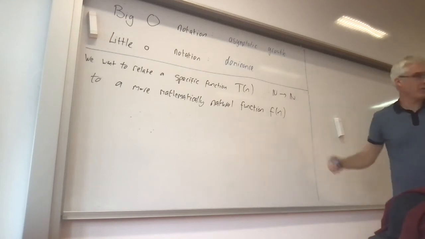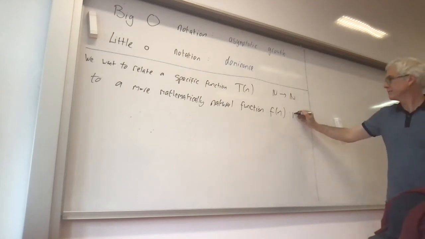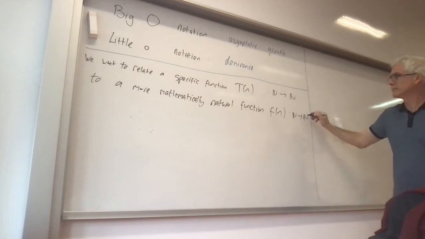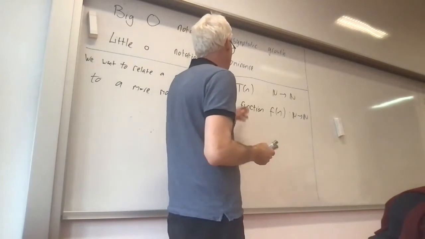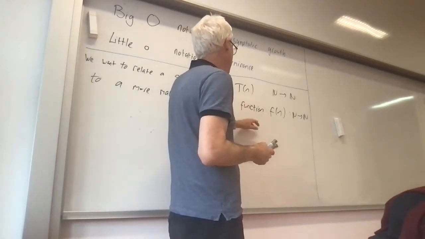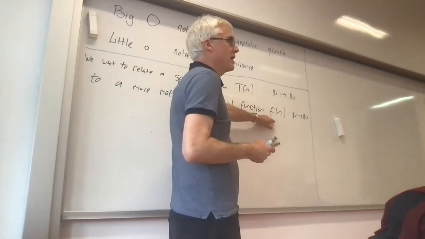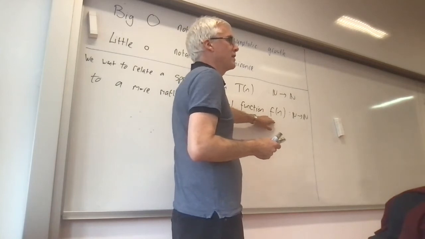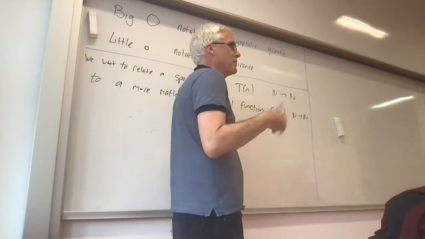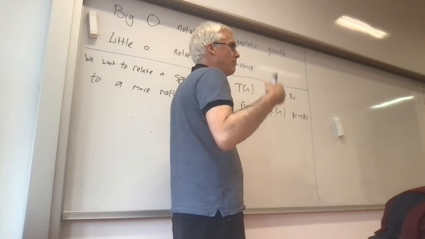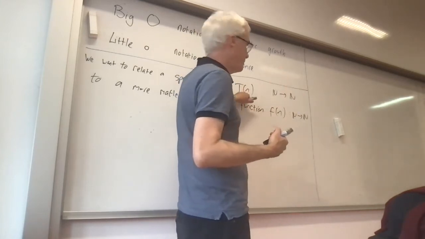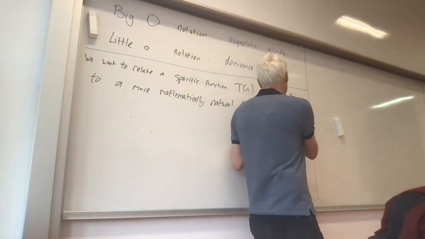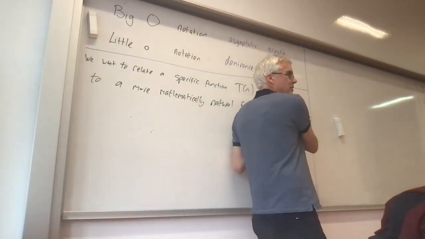So 0, 1, 2, 3, and so on. And the idea of the O notation is that it will say, apart from small inputs, T of n is eventually dominated by some constant multiple of f of n.